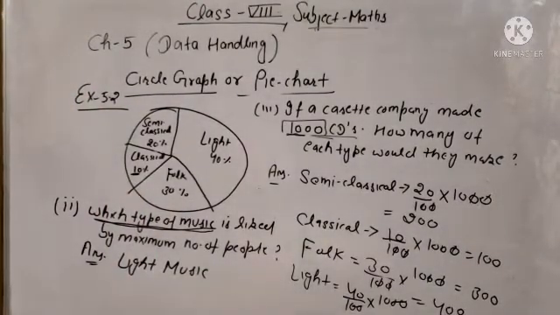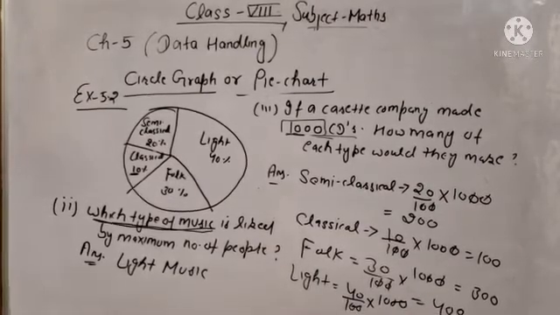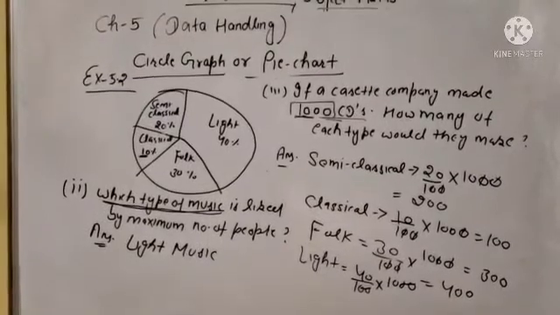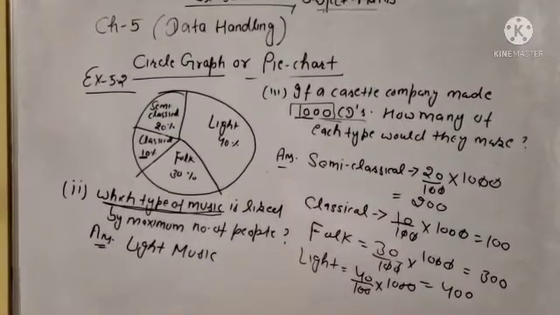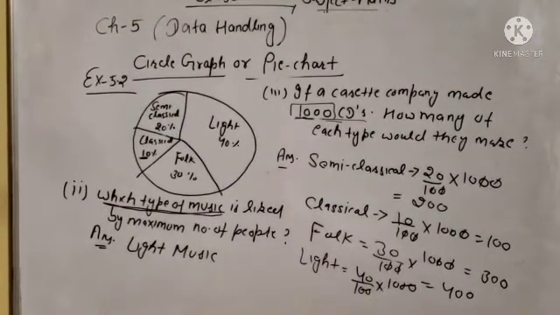Light is not visible, so it is written only as 40 upon 100 multiply 1000. So it will be equal to 400 CDs. Is it clear? Question number first is clear beta?